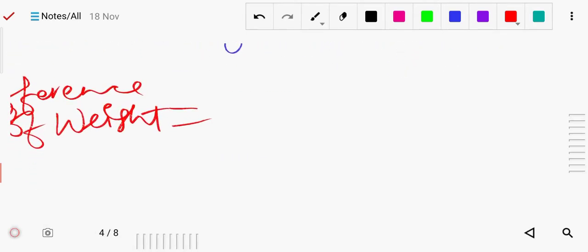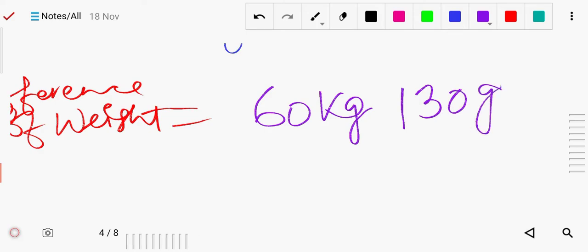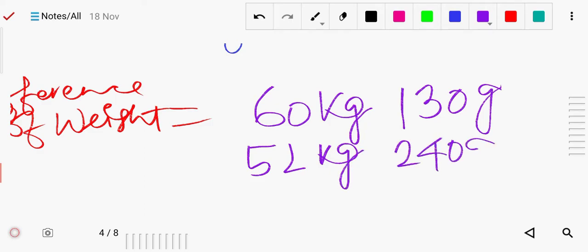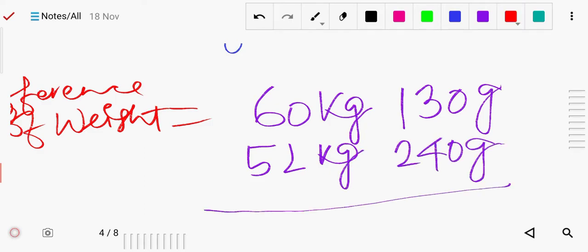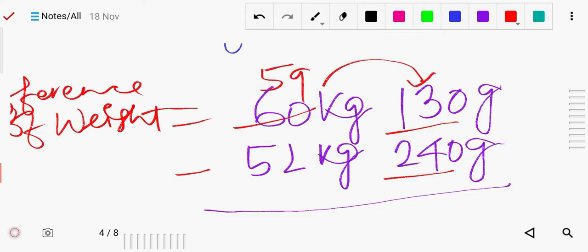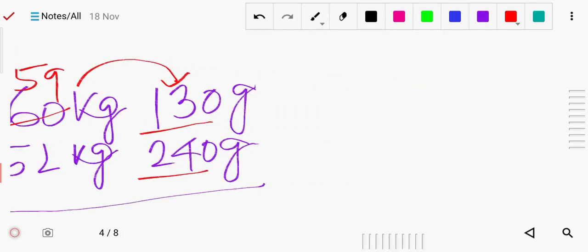So first we write the values. The values given are 60 kg 130 gram and 52 kg 240 gram, and we have to subtract these two. Now here is 130 and here is 240, we cannot subtract, so we will take the borrow. So 1 kg will come from this side, and it becomes 1000 gram.